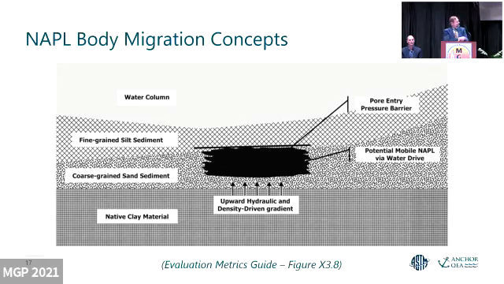And so we can calculate, based on the net upward gradient in this case, how thick that pool would have to be to be able to exceed the pore entry pressure at the top, push water out of the way within the pore spaces, and actually allow the NAPL to move. Another thing that we look at then is, if we conclude that it can potentially exceed pore entry pressure, we can estimate how far it could move upward before it depletes itself to an immobile NAPL saturation.